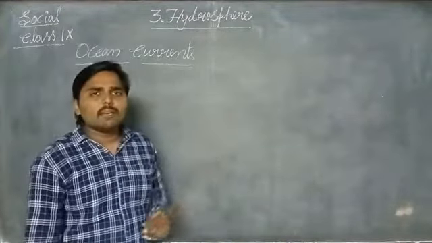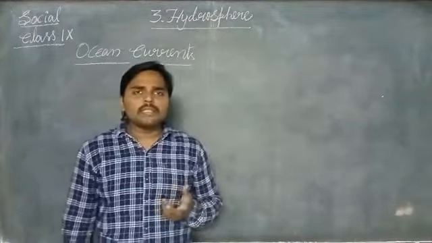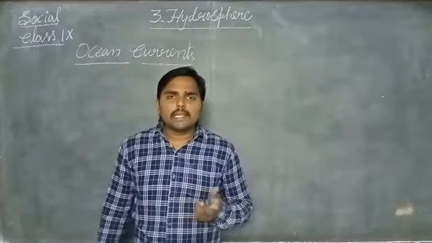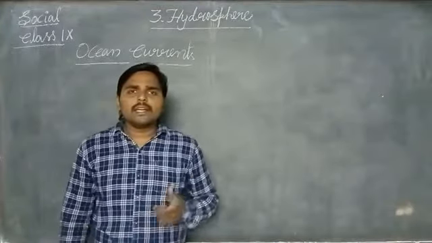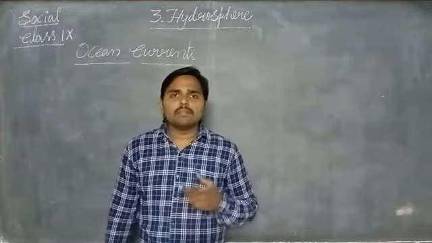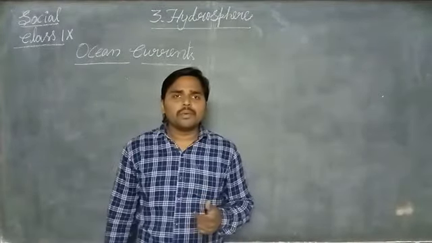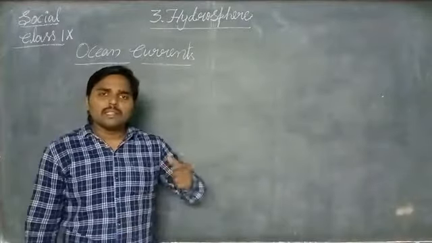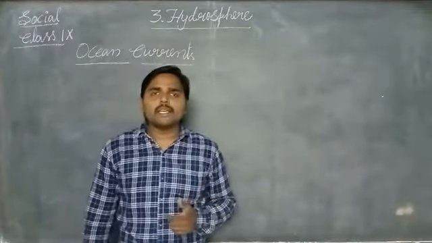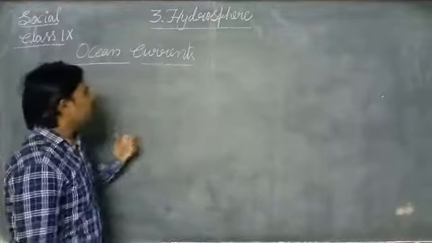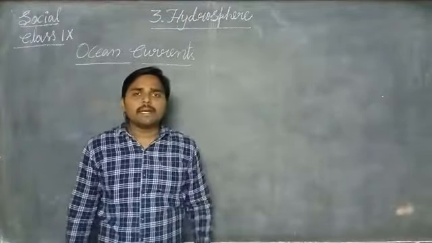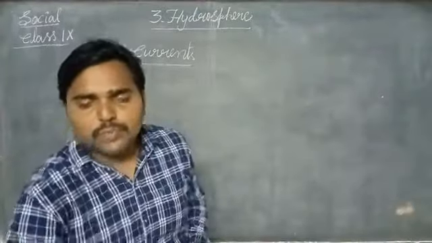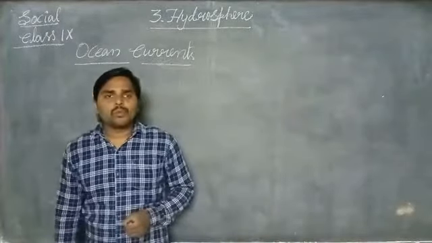How these tides were formed in the oceans, what are the factors that are affecting the tides, and how these tides were formed due to the different types of factors. These are the topics we will learn under this topic. Ocean currents are nothing but the tides which were formed in the oceans.